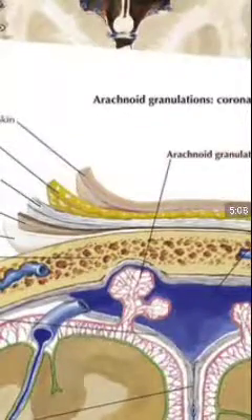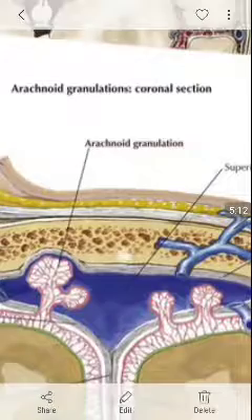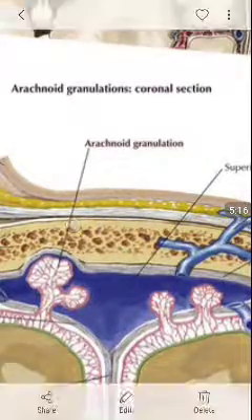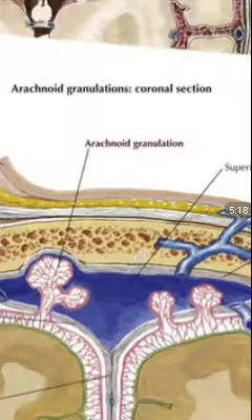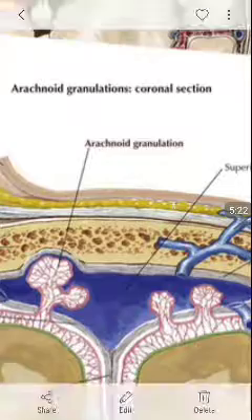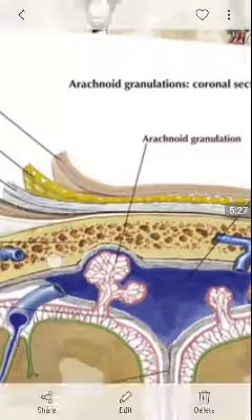In this same diagram, I would like you to look at the cranium. The cranium has compact bone, which is called the outer table, and then another layer of compact bone inside, which is called the inner table, and between these two tables of compact bone lies the spongy bone, which is also called diploe.